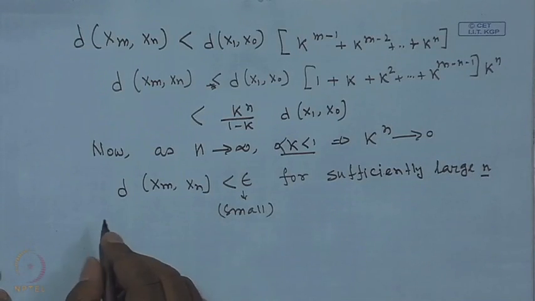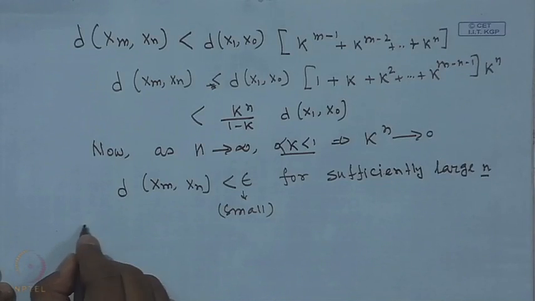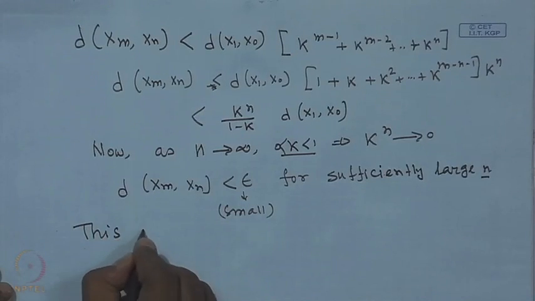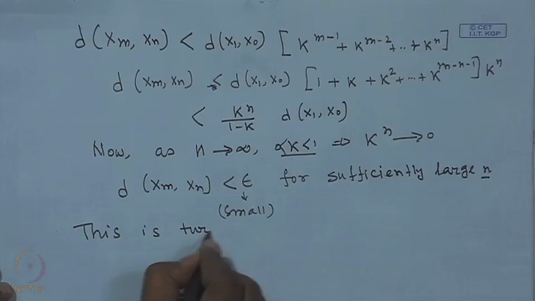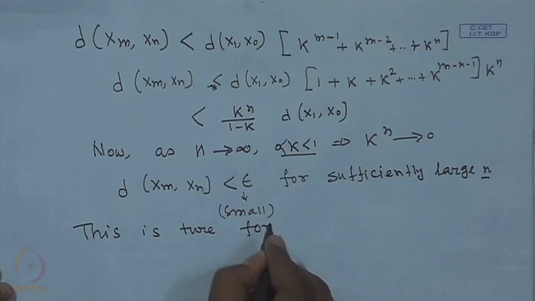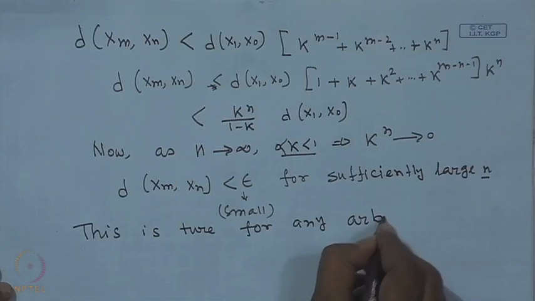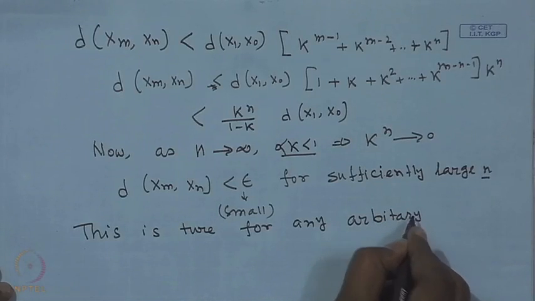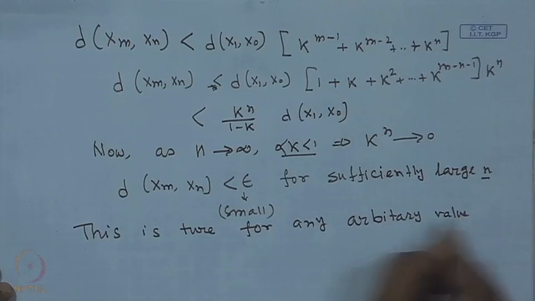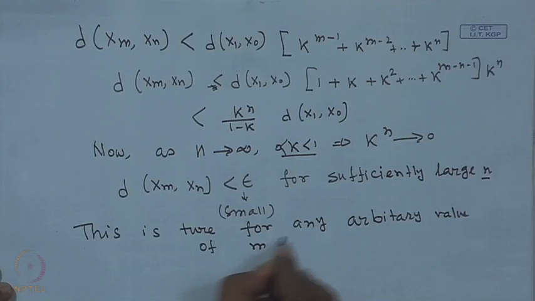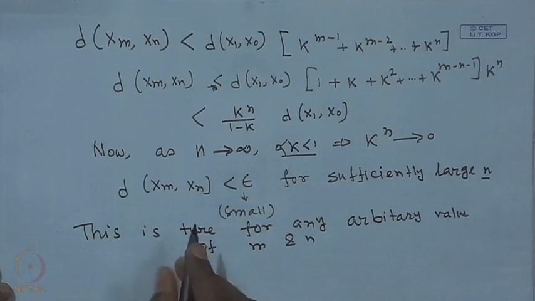Since this relationship is true for any arbitrary values of m and n, the sequence we are talking about is a Cauchy sequence.